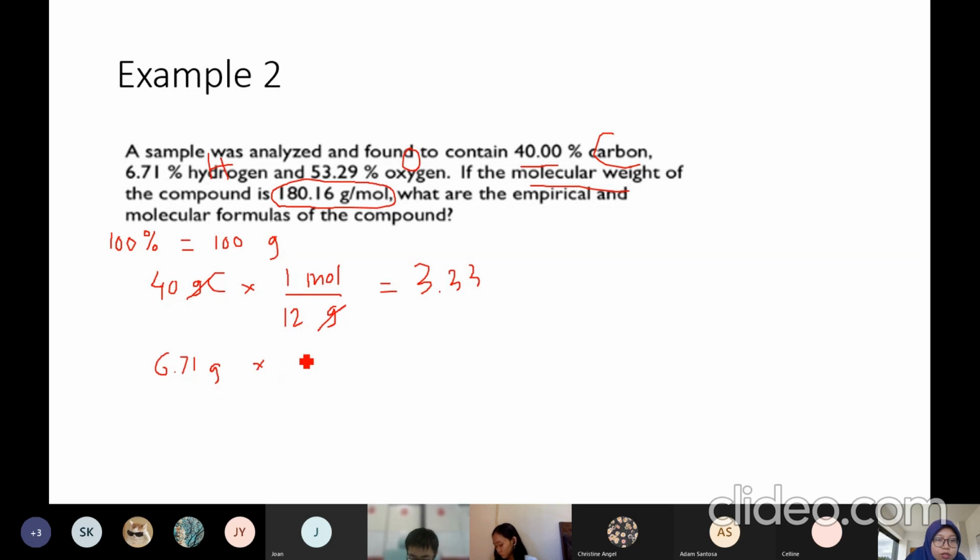So the mass of 1 mole of hydrogen is the same as the relative atomic mass of hydrogen. AR of hydrogen is 1, so it's 1 gram. So it equals 6.7.